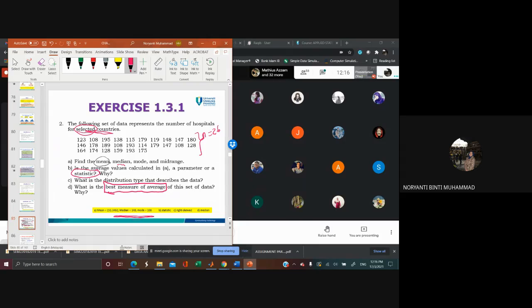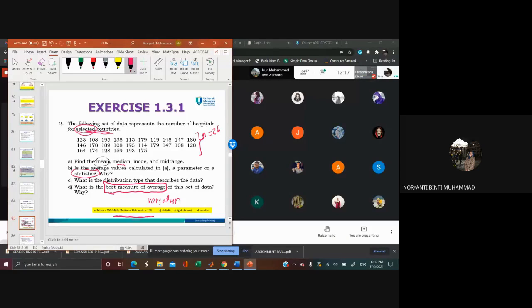If I change the question to the best measure of variation. So when we are talking about variation, we have variance, standard deviation, range, and we have another one, CV. Okay.